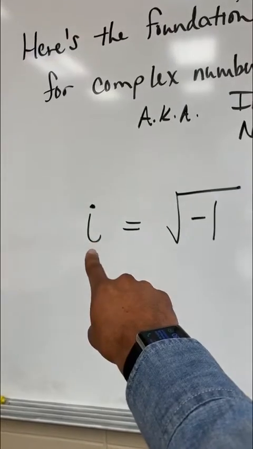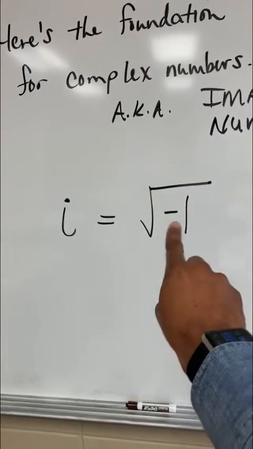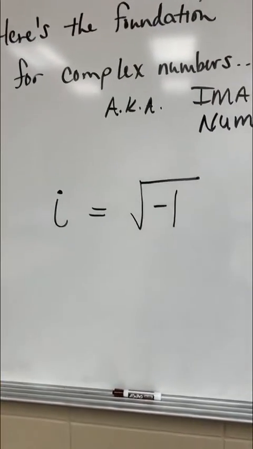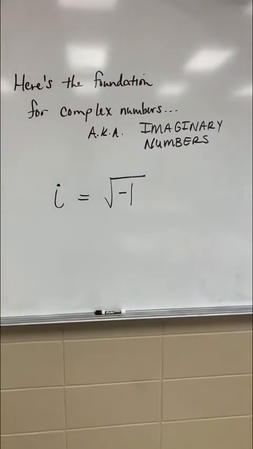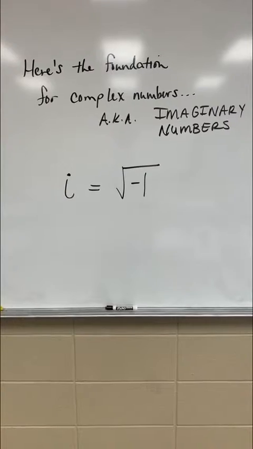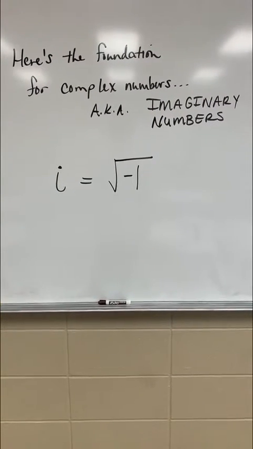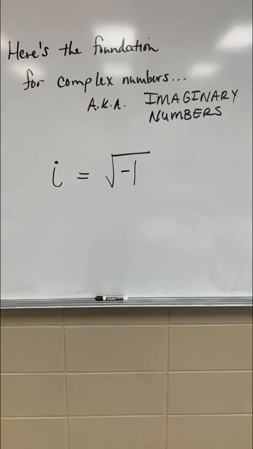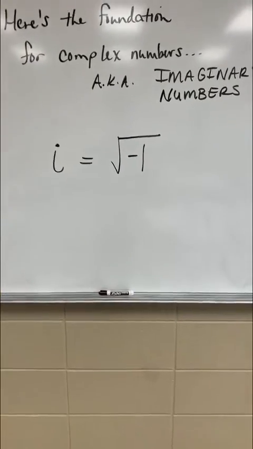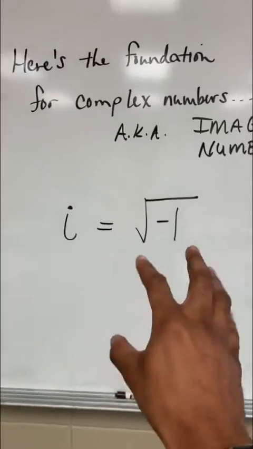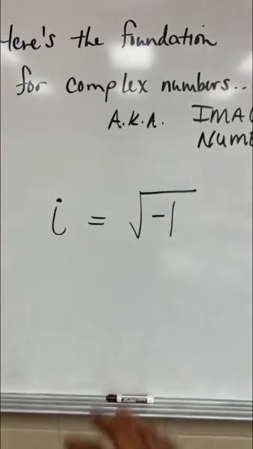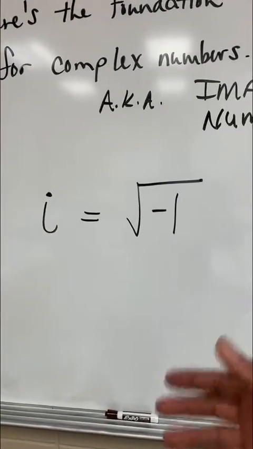The imaginary unit is equal to the square root of negative 1. If you try to take the square root of negative 1 in most calculators, it's going to say there's an error. But in mathematics, we give it a definition so that we can begin to use this mathematically.